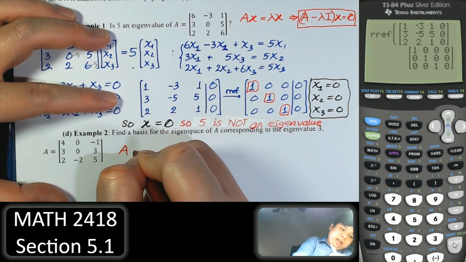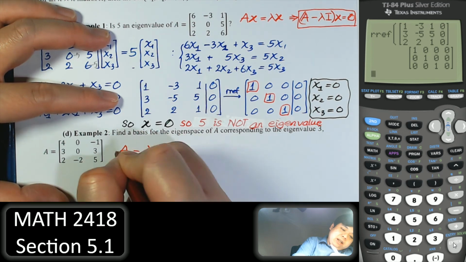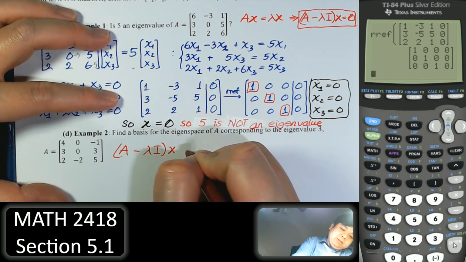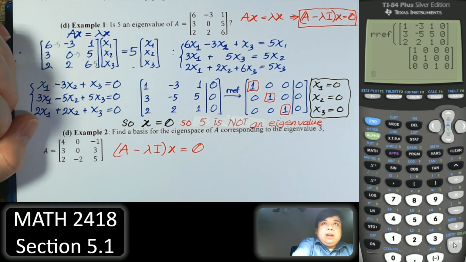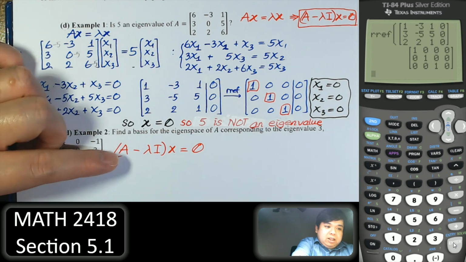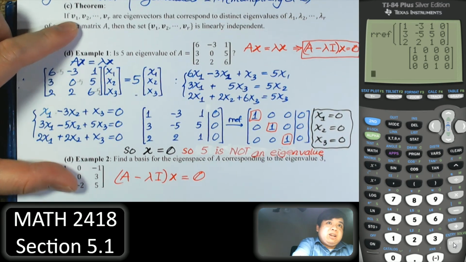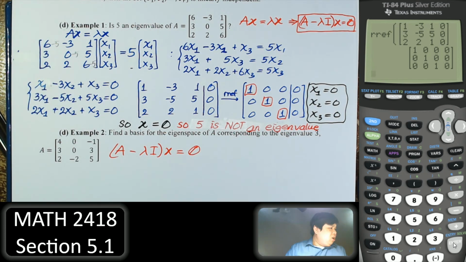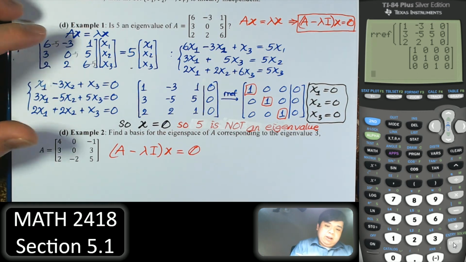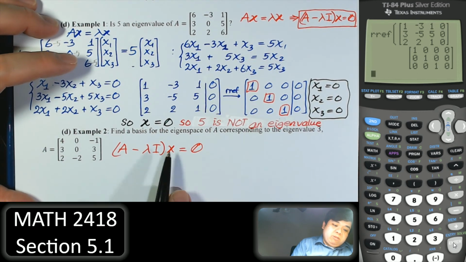So we can just say A minus lambda I times the vector equal to the 0 vector. In the homework or later you might see that sometimes we write v as an eigenvector, but sometimes we write x. It doesn't really matter at all. It's just a variable, some vector there.